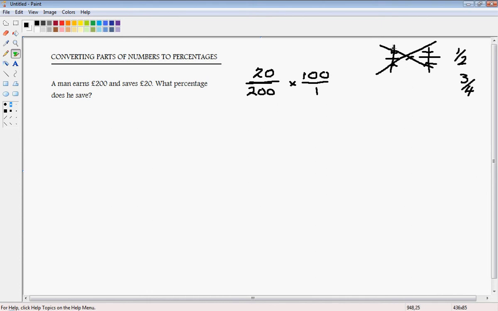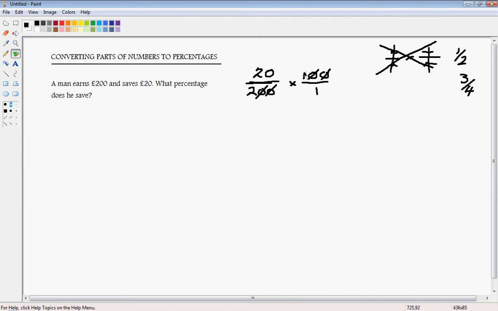Okay, the only way we can't cancel is horizontally. Okay, so knowing this, I know that 100 has 2 zeros, so I can take those off and also take these 2 zeros off. Okay, what I'm doing is I'm dividing this by 100.